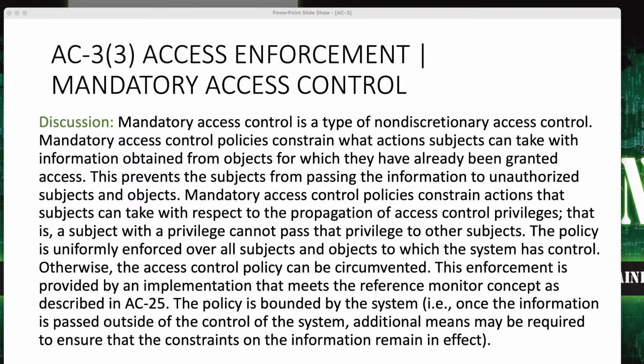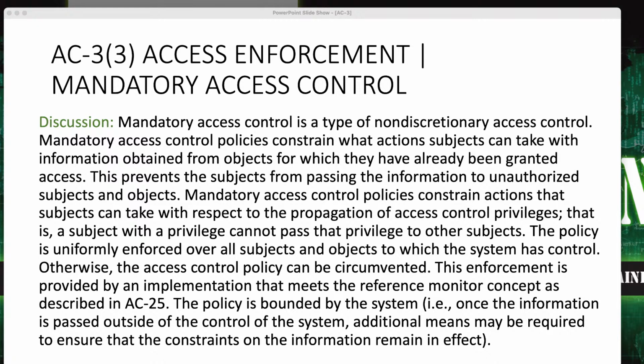So discussion around this one is mandatory access control is a type of non-discretionary access control. Mandatory access control policies constrain what actions subjects can take with what information obtained from objects for which they have already been granted access. This prevents the subjects from passing the information to unauthorized subjects or objects.